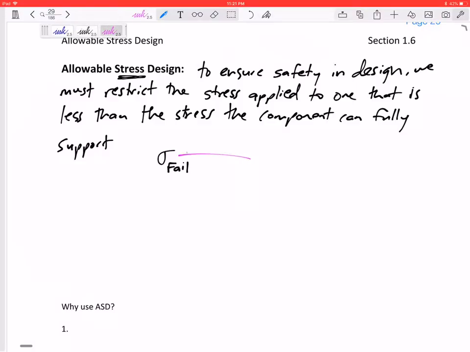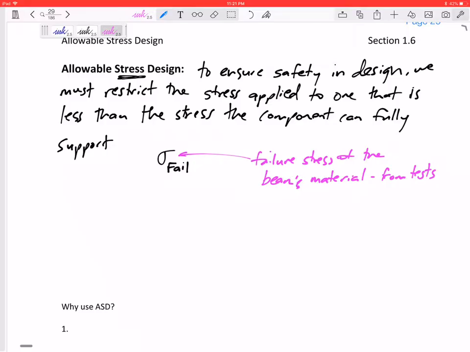So we can find the failure stress. This would be the failure stress of the beam's material, whatever it is made of. I'm going to say we're looking at a beam, but it applies to any object. We get this from tests, from labs, that say this type of steel can withstand this maximum stress.